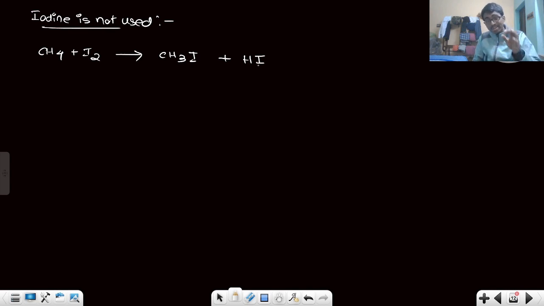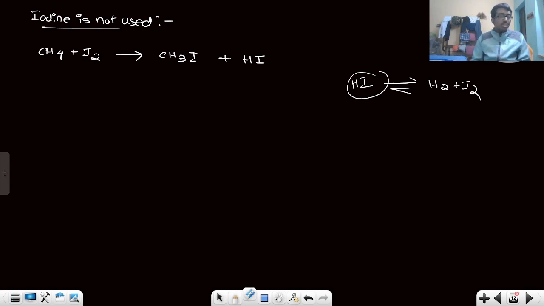Now, in chemical equilibrium, you must have read that there is a reaction HI breaking down into H2 plus I2, right or wrong? So HI makes the reaction reversible because HI will readily decompose into H2 plus I2. So if HI is getting again decomposed to I2, then what was the use of me doing this reaction? So this will tend to make this reaction reversible in nature.